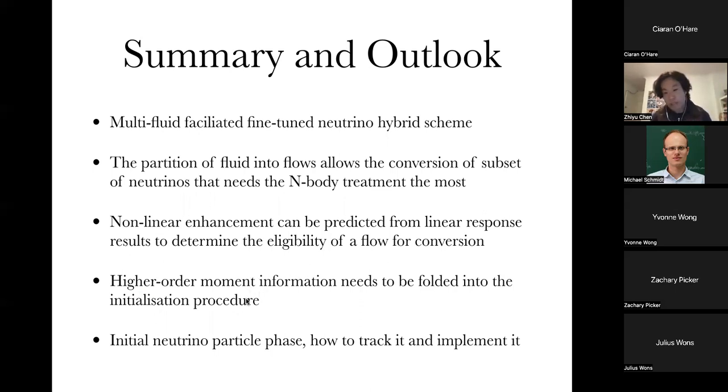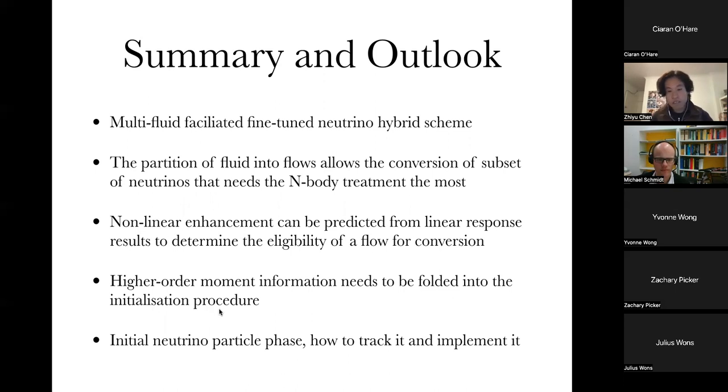Going forward, as we said, the redshift conversion eligibility is slightly disappointing, in the sense that because high order moment information is missing, it forces us to convert a lot earlier than we ideally would like to.